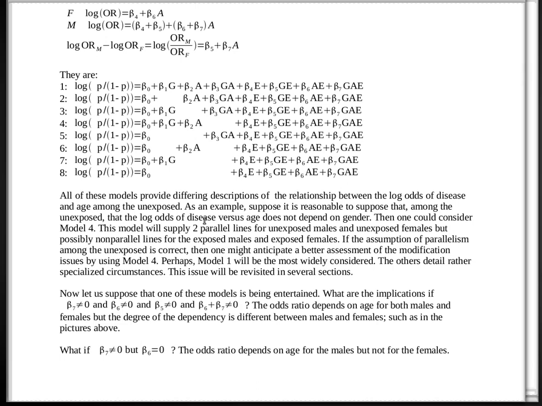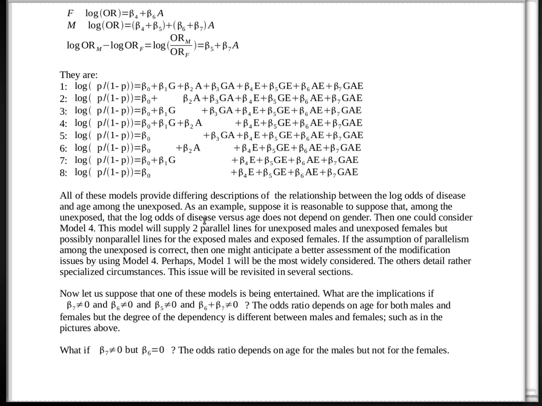Well, this turned out to come up in an actual project, and I'll spare you all the details, but it turned out that there was some sound reasoning behind the fact that the relationship between the unexposed males and unexposed females, keeping it in the language I'm using for this investigation here, gave us parallel lines.